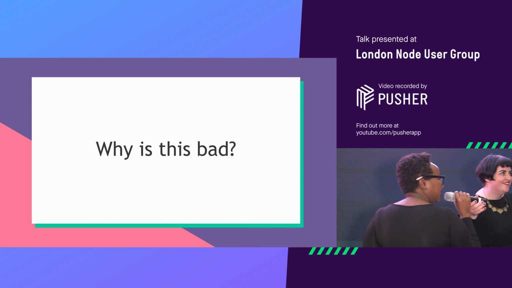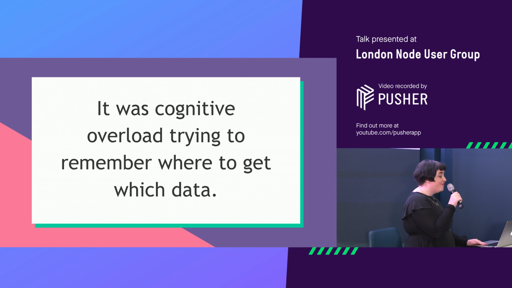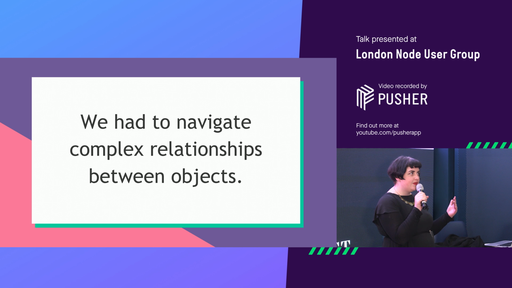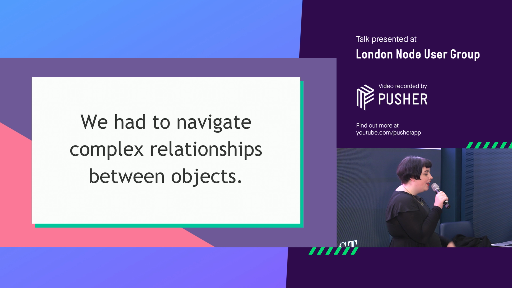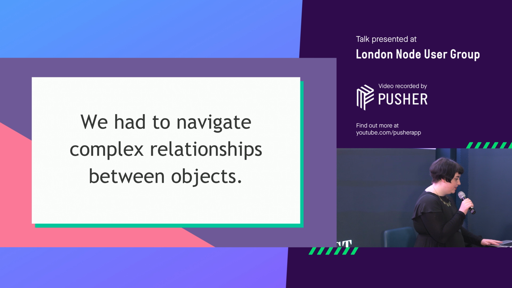Why is this bad, Michelle? This is bad because it was cognitive overload trying to remember where to get which data every time we needed it. We had some really complex relationships between objects that we had to navigate frequently, like getting the recommendations. We would have to get those IDs and then embed those recommendations objects.